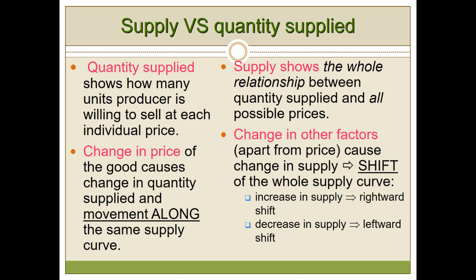So quantity supplied shows how many units a producer is willing to sell at each individual price. So for example, when the price of apples is £2 per kilo, producers will be willing to sell, let's say, 1,000 units per hour, something like this. So this is quantity supplied. It shows how many units will be sold at each price.